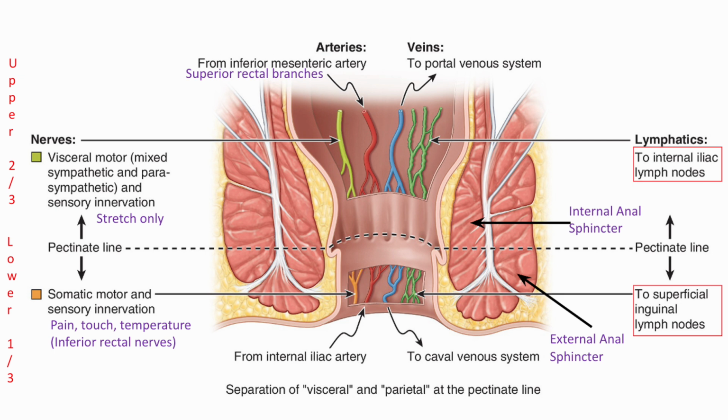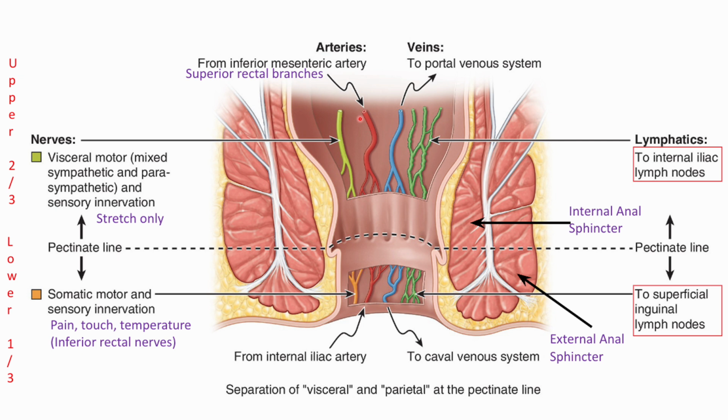So you'll review this more in your anatomy specific courses, but I want to point out here's your pectinate line. And the reason that this is so important for us to understand the different embryonic developments that are associated is because the hindgut, as we said, has the inferior mesenteric artery supplying it.